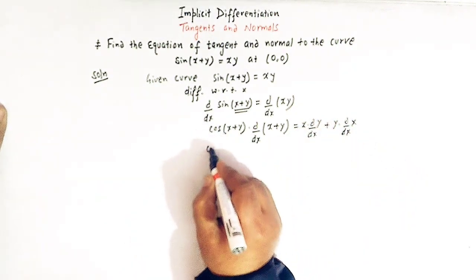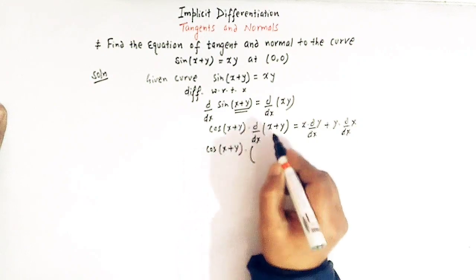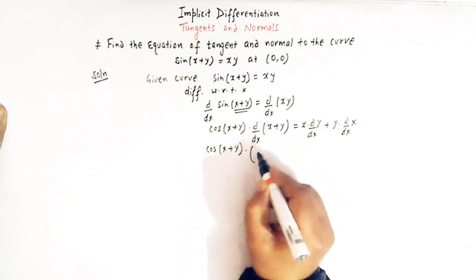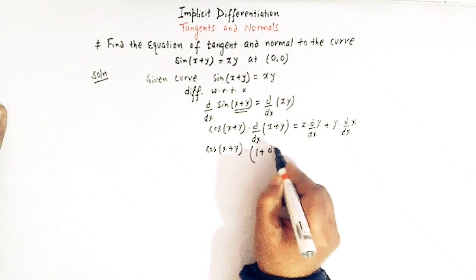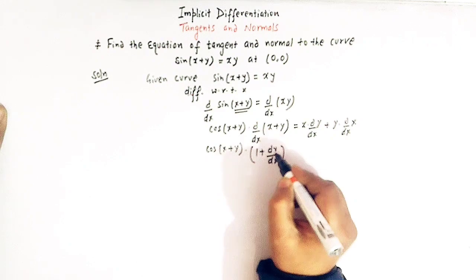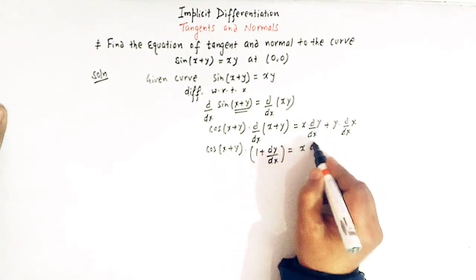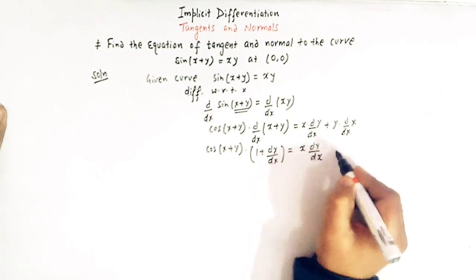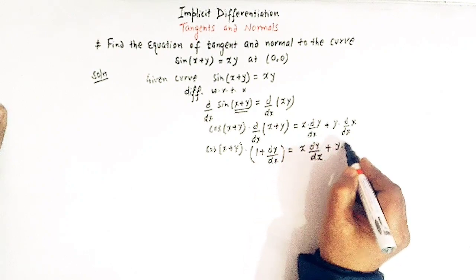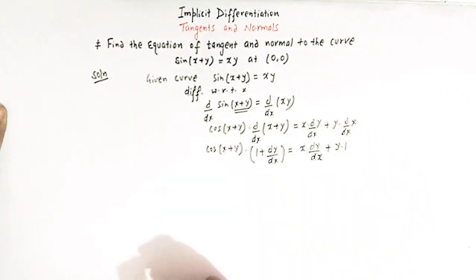So here we have cos(x + y), and the derivative of x + y is 1 + dy over dx, because the derivative of x with respect to x is 1, and here we have x dy over dx + y times 1, because the derivative of x with respect to x is 1, right?